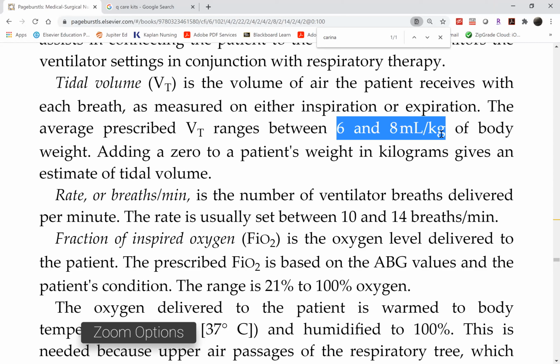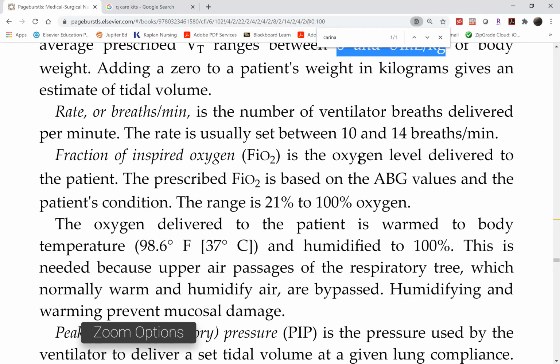On the screen of the ventilator, it will tell you what the tidal volume setting is, and right next to it, how much the patient actually got. Based on that, you can have an idea about how good or how bad the patient's lung compliance is.